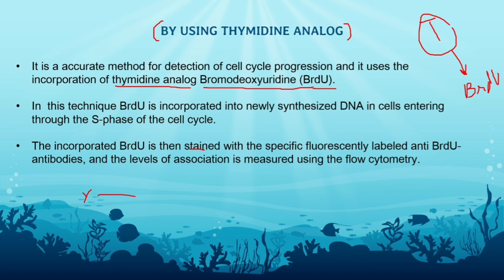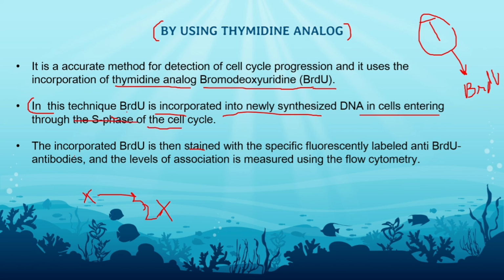Once the synthesis of new DNA takes place from X to 2X, this BrdU will get incorporated at the site of the thymidine. In this technique, BrdU is incorporated into newly synthesized DNA in cells going through the S phase of the cell cycle.